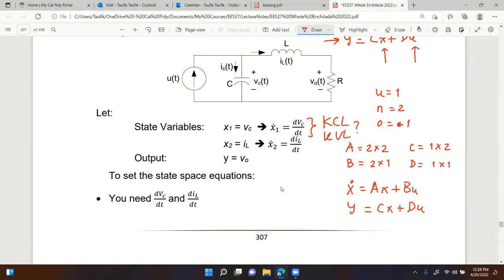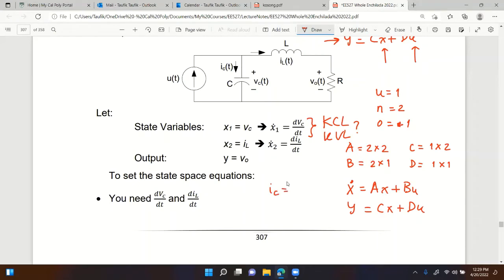Anybody can answer that? It's just a review. Maybe KVL? Because it's a dV/dt. For dVC/dt, we know that dVC/dt is part of the equation for the current through the capacitor.